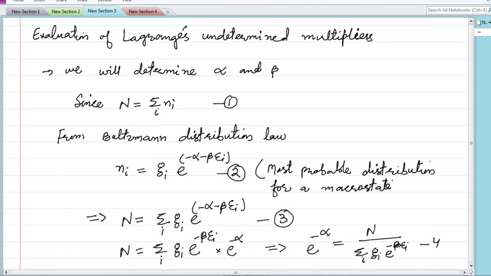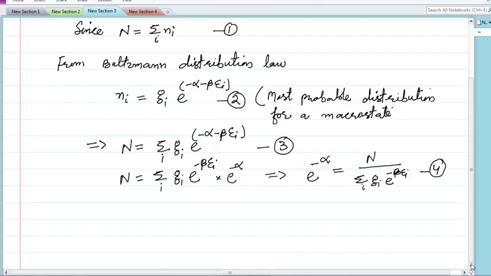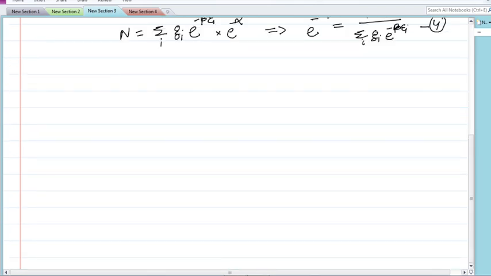So this is now our equation number 4. So basically we will now define a quantity q.